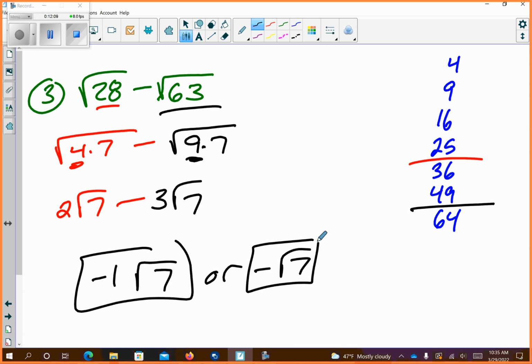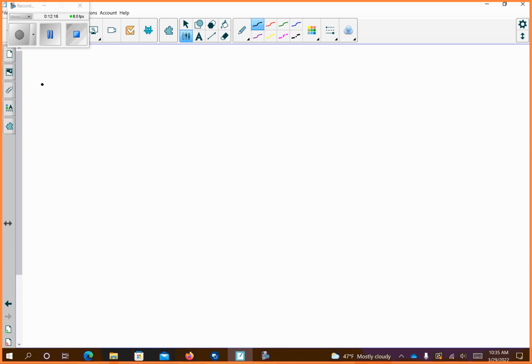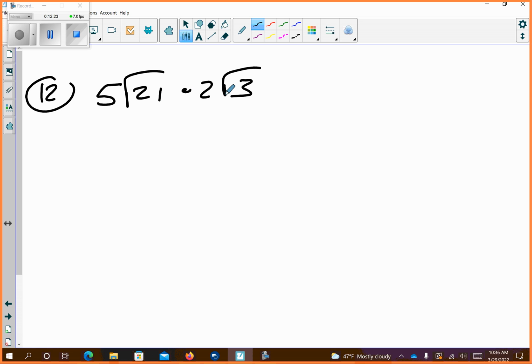What else do you see? 12? Okay. Number 12. So I get 5 root 21 times 2 root 3. Okay, so now we're getting into an area that's being multiplied outside, outside, inside, inside. So I'm going to go 5 times 2. I'm going to get 10. But rather than multiplying 21 and 3 together, I'm going to bring this 3 down.